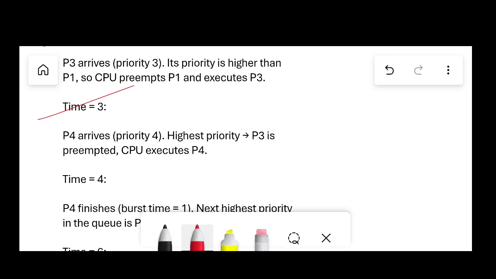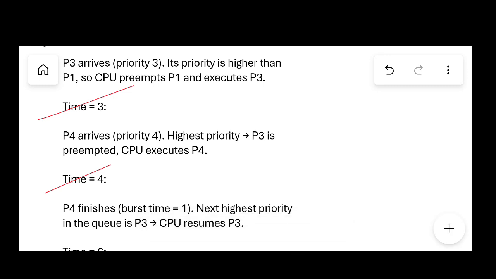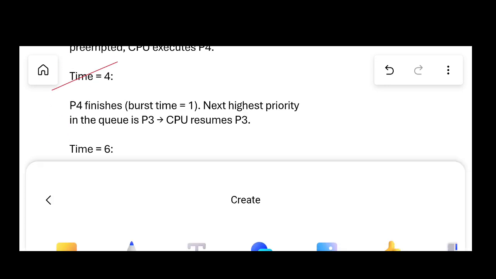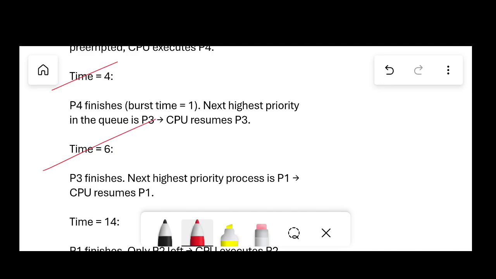Then at time 4, P4 finishes. The next highest priority in the queue is P3, so the CPU resumes P3. Now at time 6, P3 finishes, so P1 is next and the CPU resumes P1.